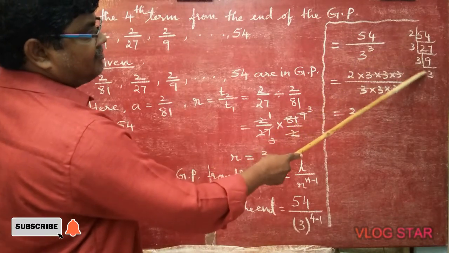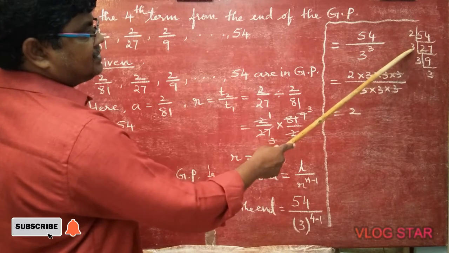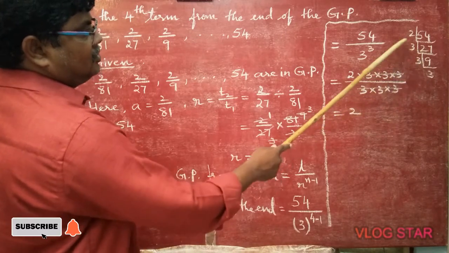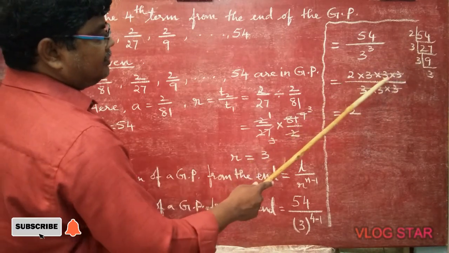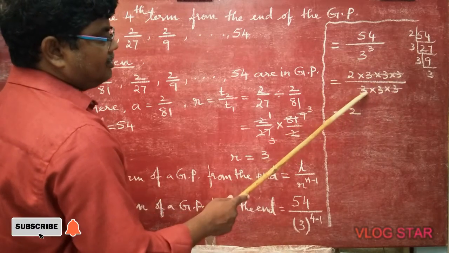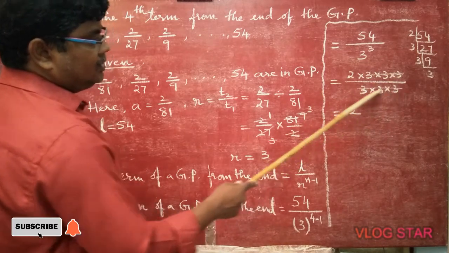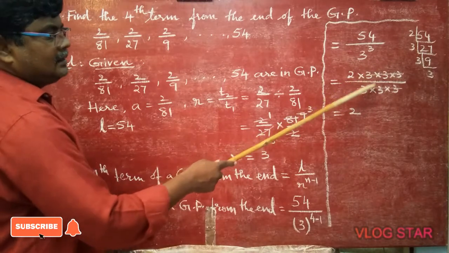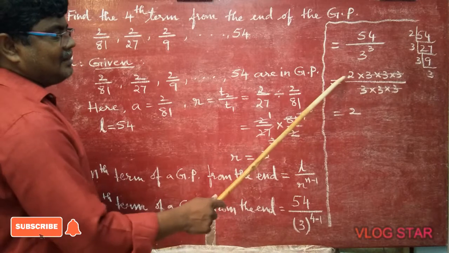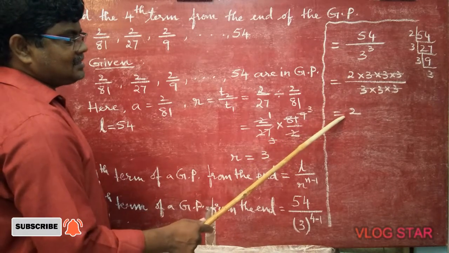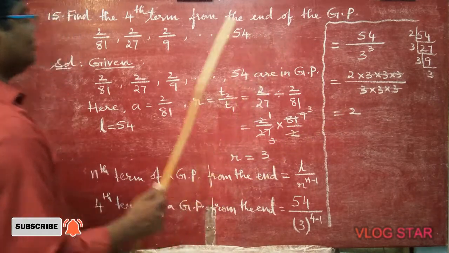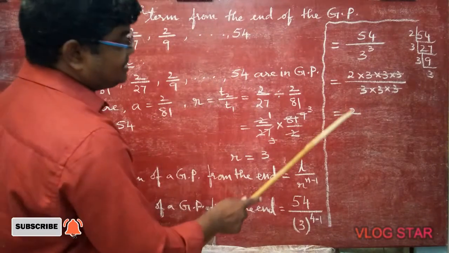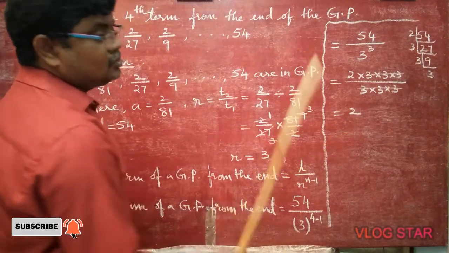Meanwhile, find the factors for 54. 2 goes 27 times, 3 goes 9 times, 3 goes 3 times. So 2 into 3 into 3 into 3, and the meaning of 3 cube is also 3 into 3 into 3. These 3 3s go into those 3s. These 3s get cancelled and the remaining is 2. So the answer is 2. Therefore, the fourth term from the end of the GP is 2.